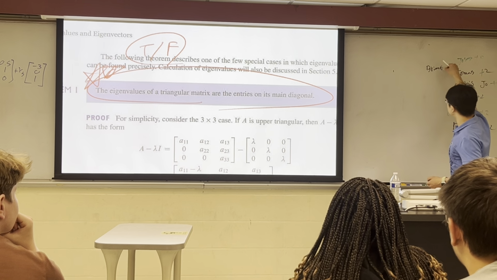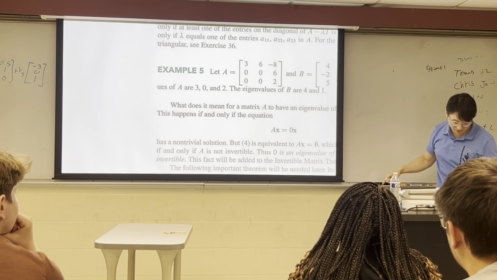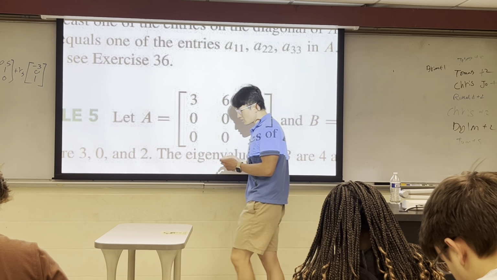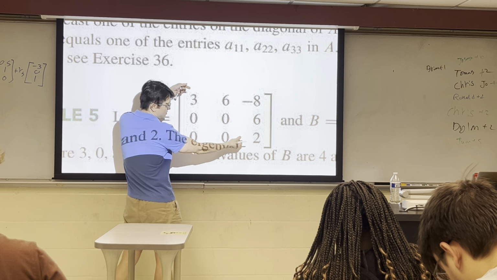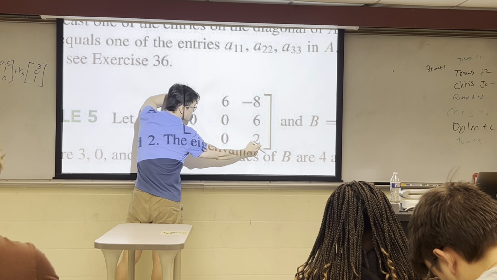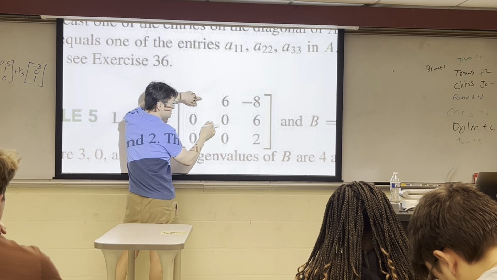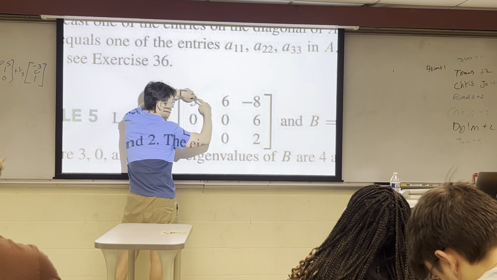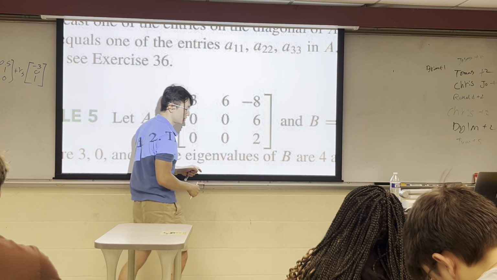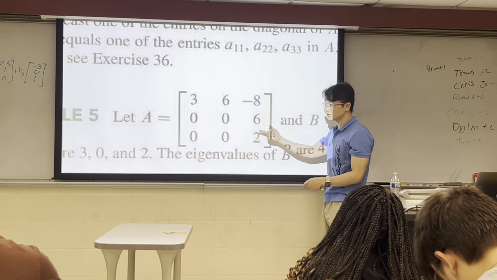Okay, so I want to use this theory. I give you a triangular matrix, meaning it has a triangular shape of entries. I can break this matrix into 2 triangles, one with entries and one all zeros. Okay, so I got a triangular matrix.